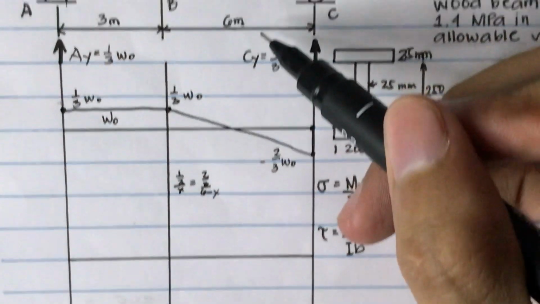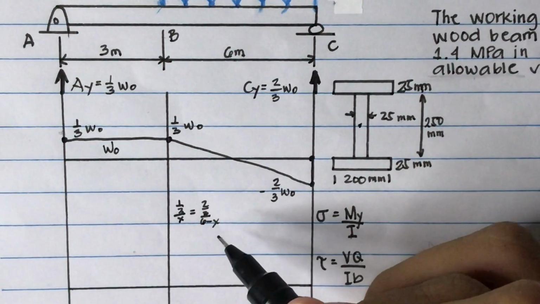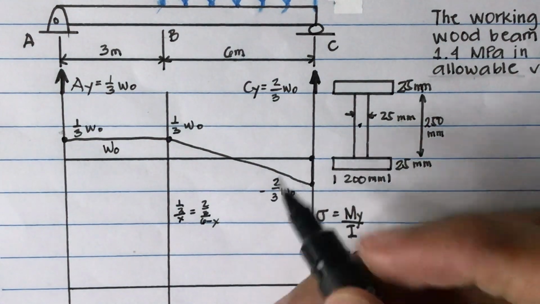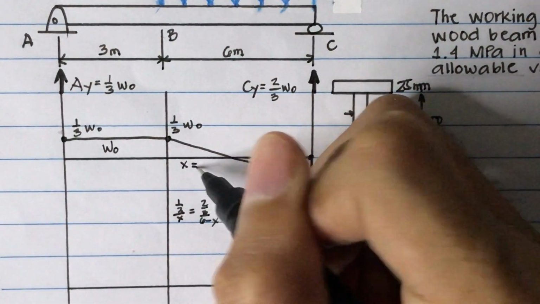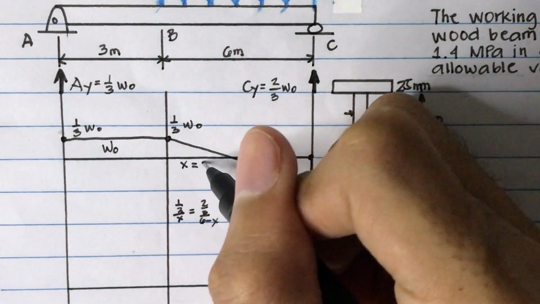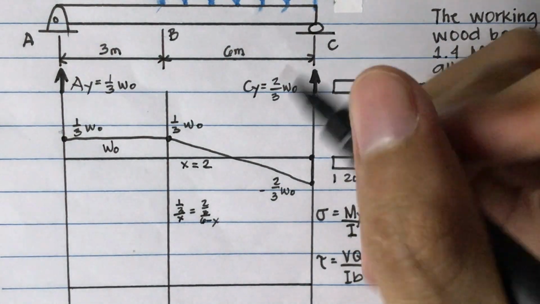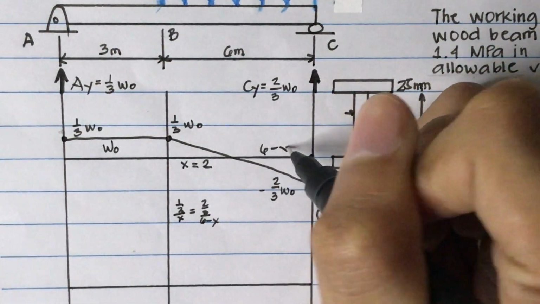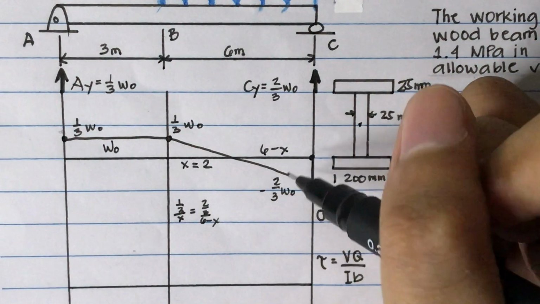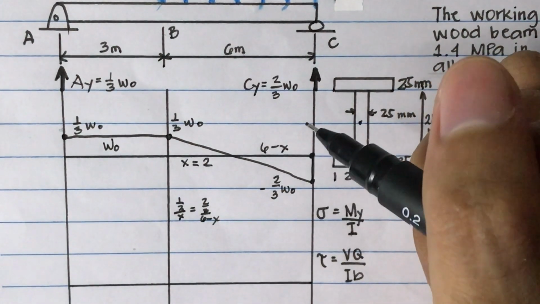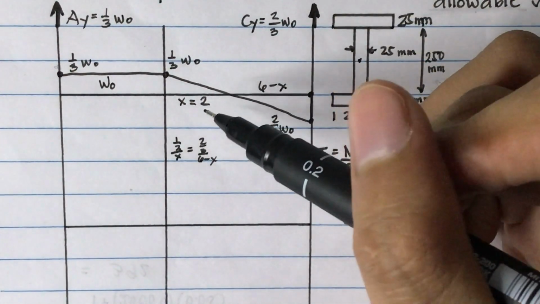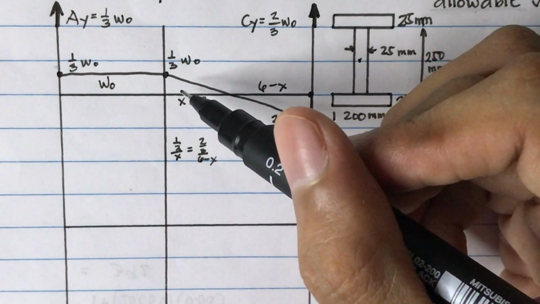So that is the distance here. So we will have x equal to 2, right? Then 6 minus x, so we'll have 4. So we have the distance, so we can solve the area.